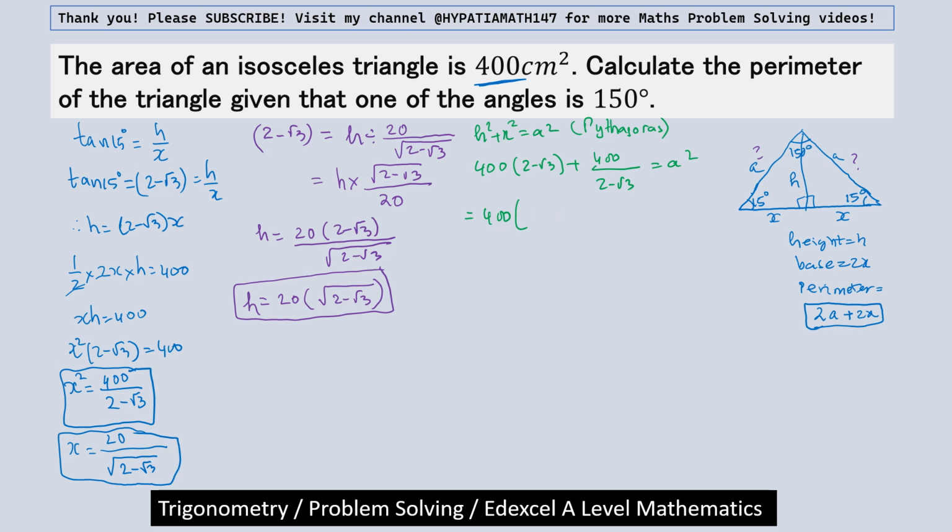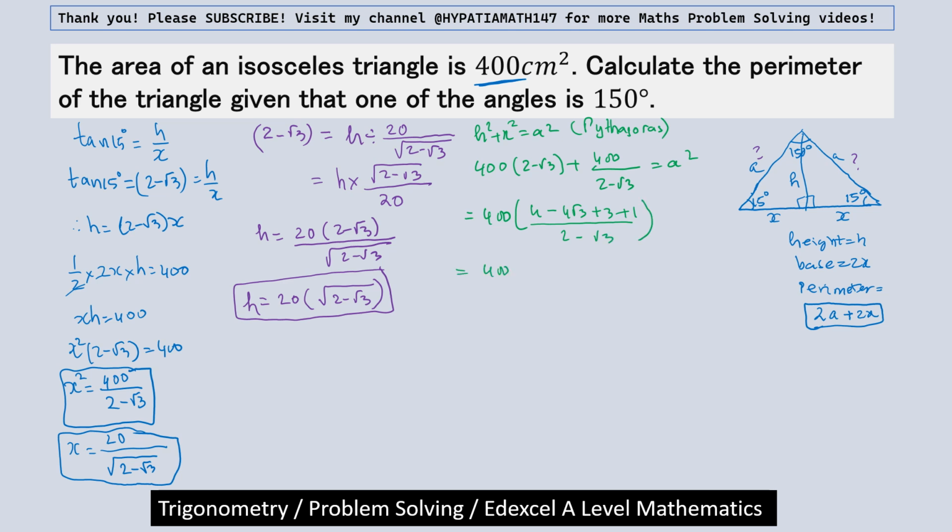so that would be 4 minus 2 times 2, 4 root 3, plus 3, plus 1, divided by 2 minus root 3.